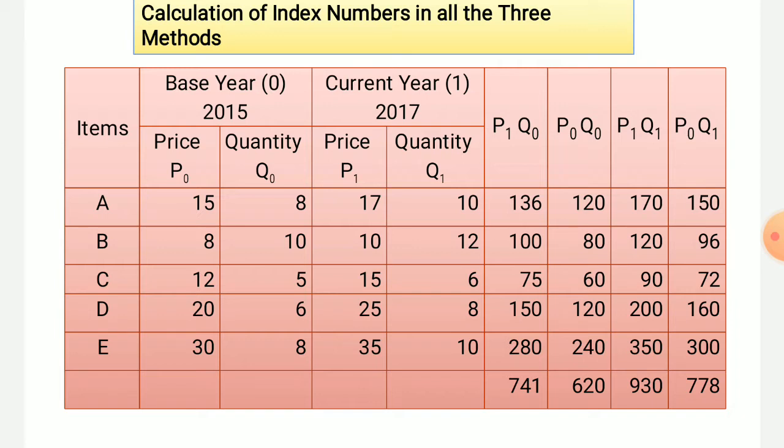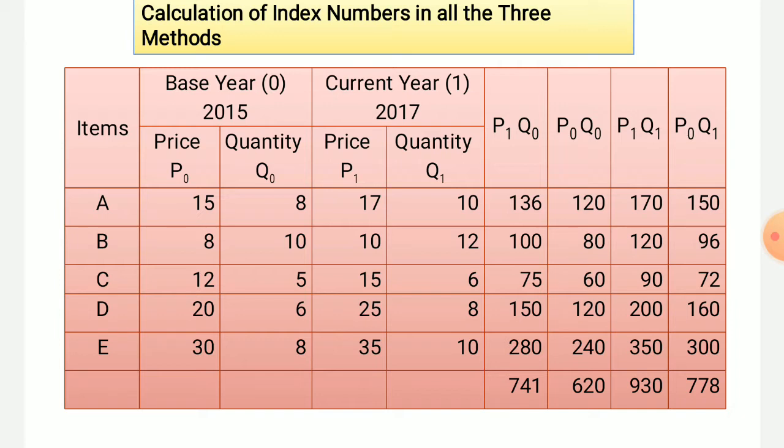Then P1Q1: 17 into 10 is 170, 10 into 12 is 120, 15 into 6 is 90, 25 into 8 is 200, 35 into 10 is 350.